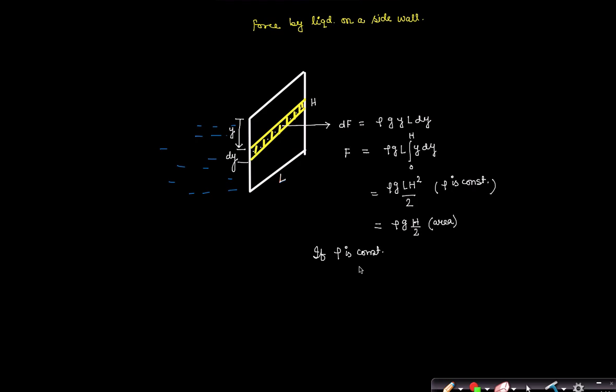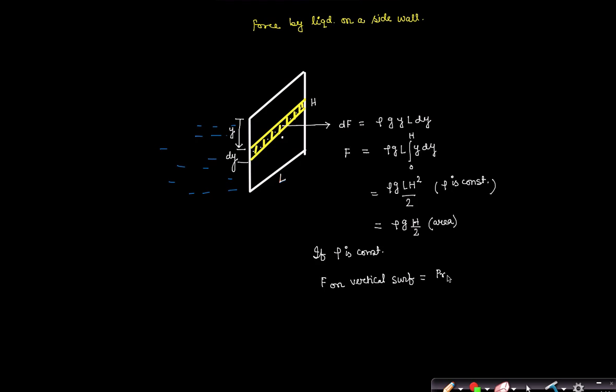In most of the cases, you will find rho constant. That force on vertical surface is, what is rho g h by 2? I can use the formula of average here. Is it the pressure at midpoint of this surface? Yes, sir.